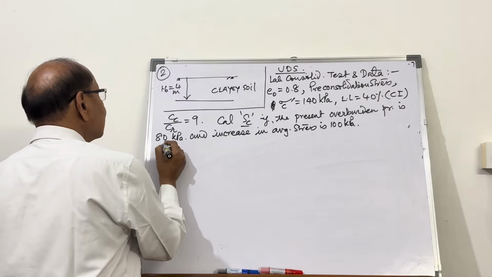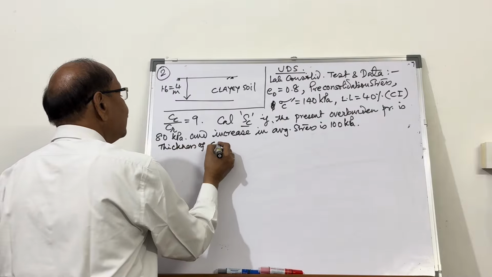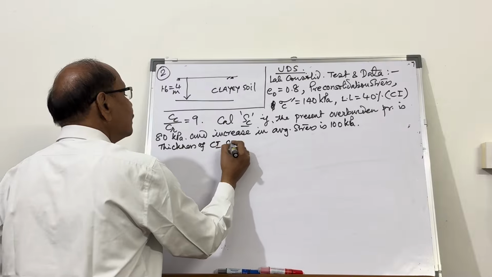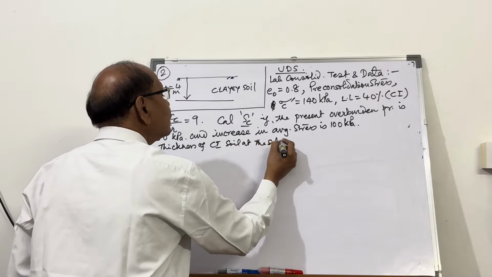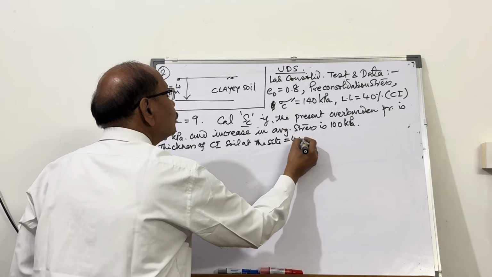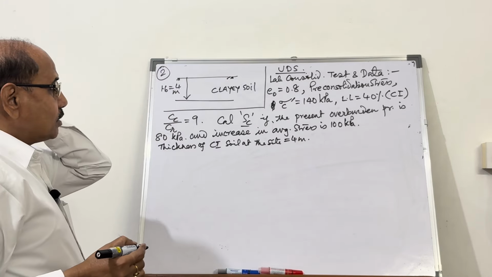So the thickness of clay soil at the site is equal to 4 meter. So friends, how to solve this problem?